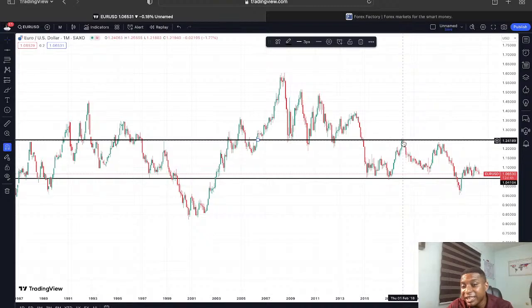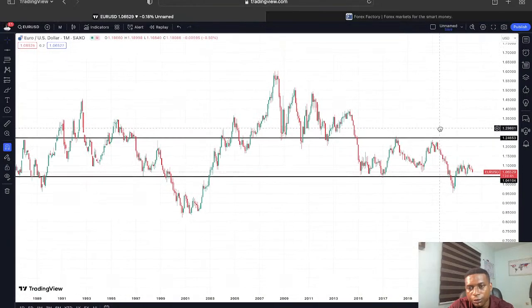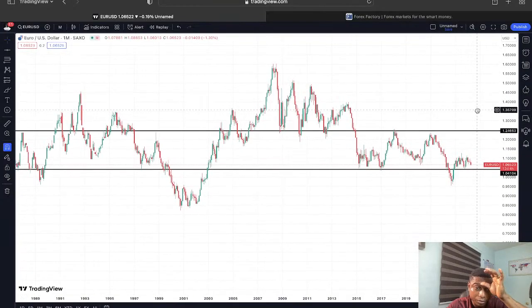This is a very key resistance zone. If you look into it very well, this is a key level resistance zone. This is another key level support zone, which is the region where price currently is.